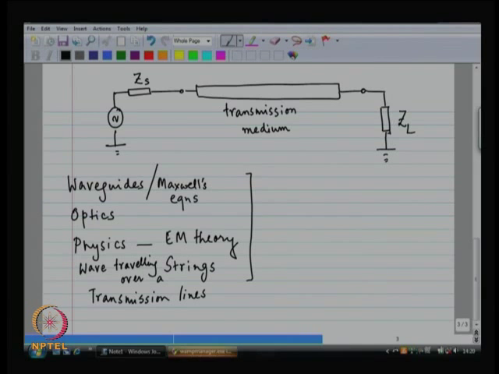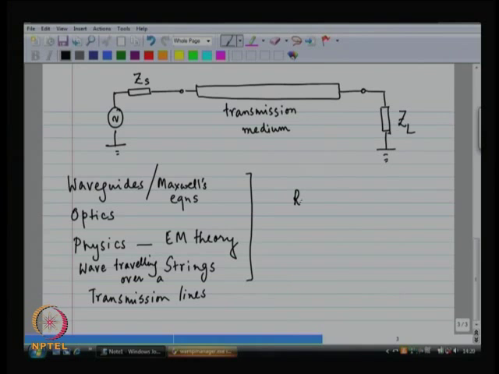And they all define something that is called a reflection coefficient. All right.